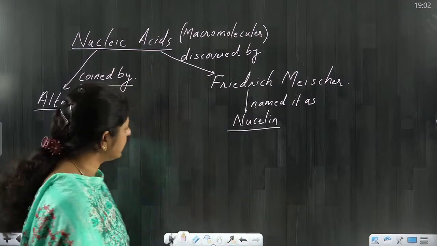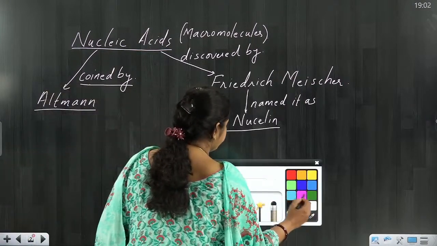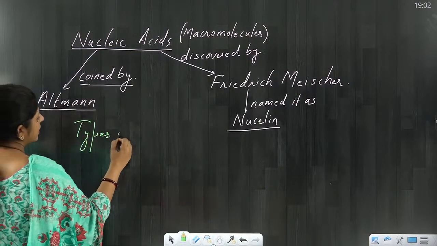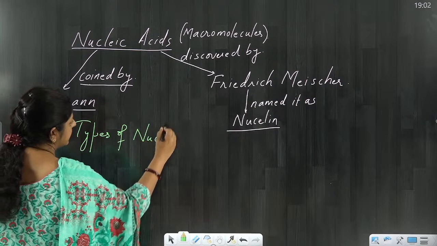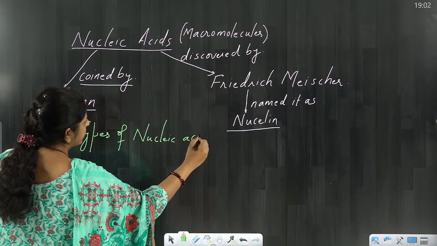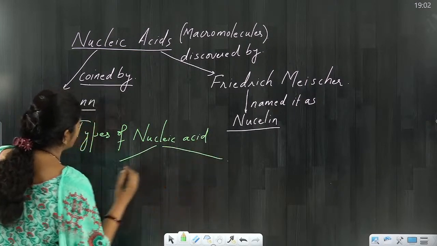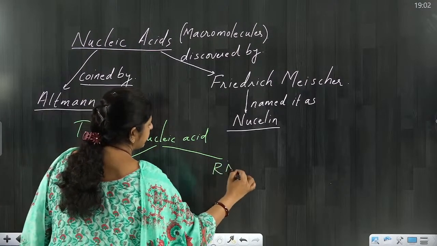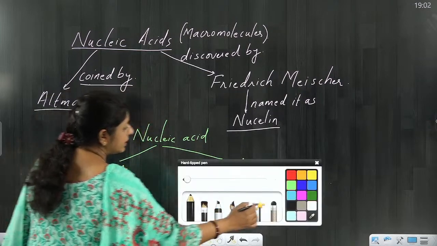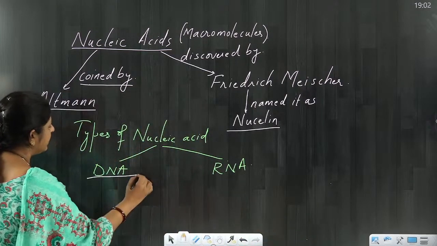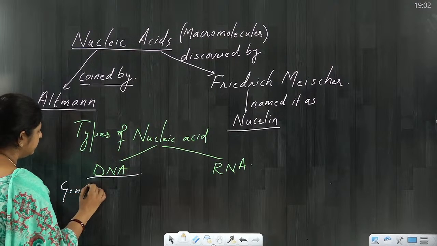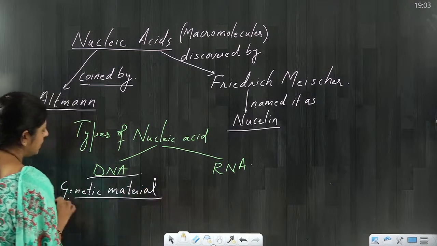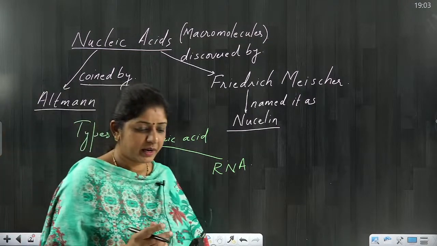Let's see what the types of nucleic acid are. There are basically two types. What are they? DNA and RNA. Keep in your mind, nucleic acid will be the genetic material in living organisms. This is very important to understand.